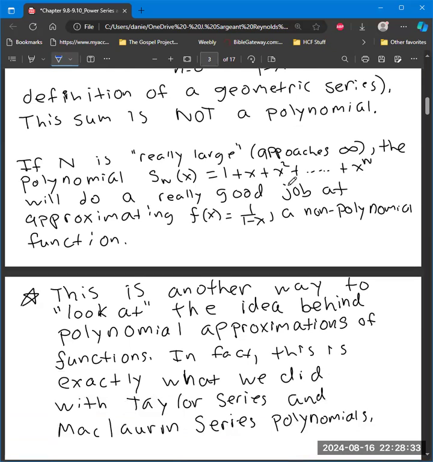If capital N is really large, that is, it approaches infinity, the polynomial s sub n of x, which is exactly equal to 1 plus x plus x squared plus dot dot dot plus x to the capital N, will do a really good job at approximating f of x equals 1 over 1 minus x, a non-polynomial function.